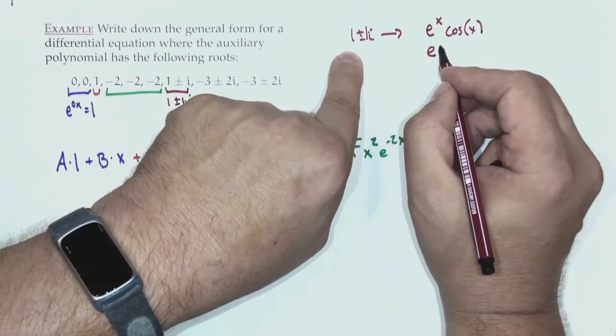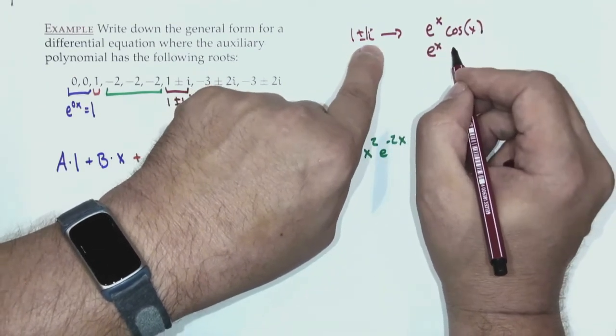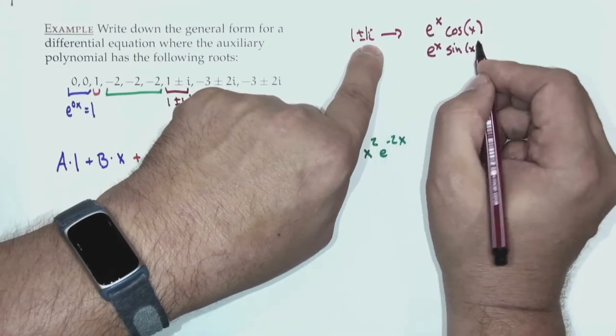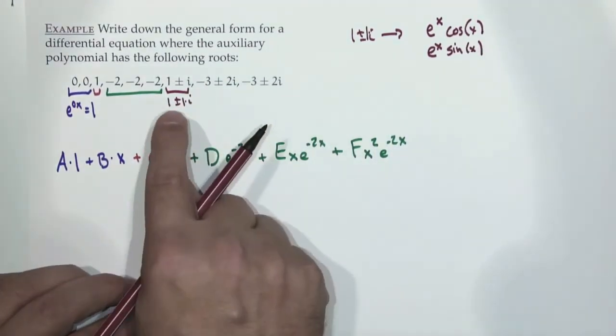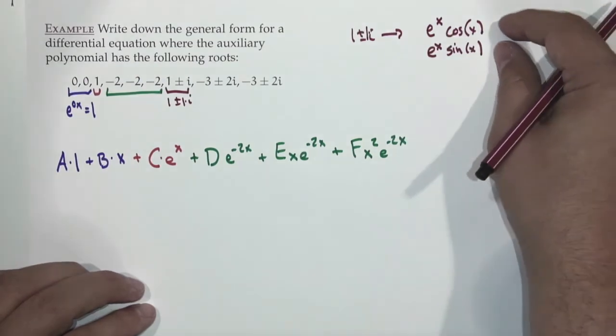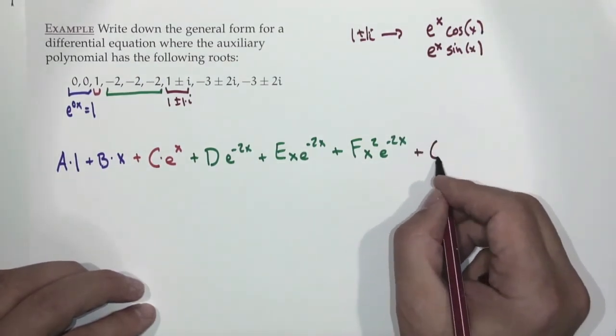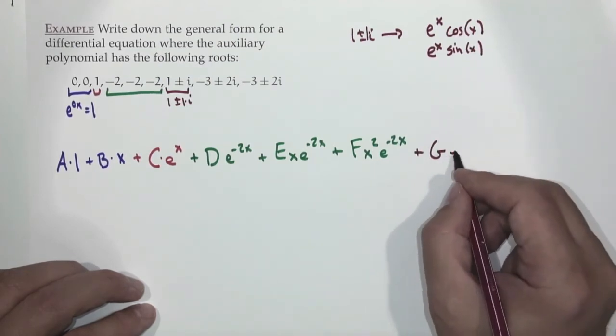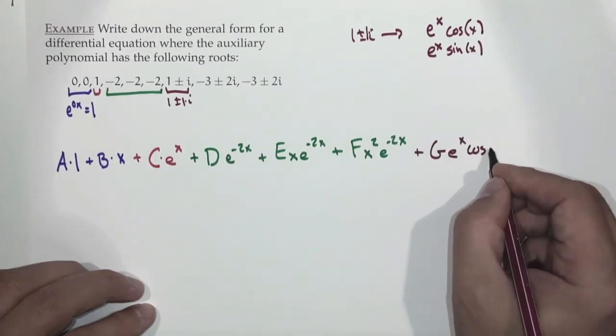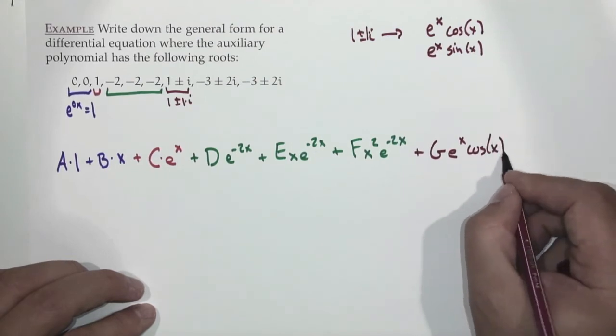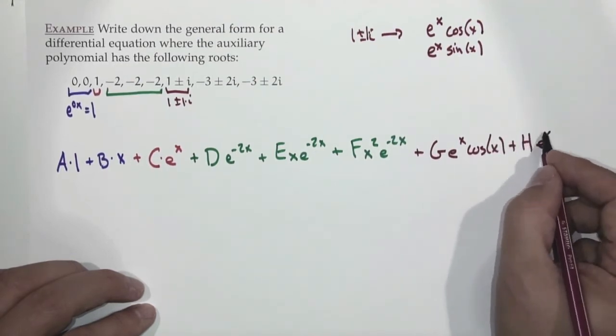And then there's e to the real part, 1 times x, sine, 1 times x. So complex roots come in pairs, and the pairs look like cosine and sine. It's a little bit hard to see with this one, but the next one will be fun. G, e to the x cosine x plus h, e to the x sine of x.